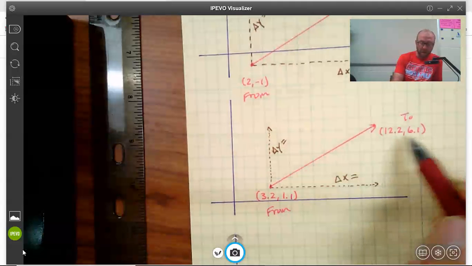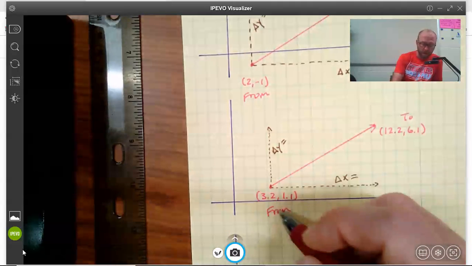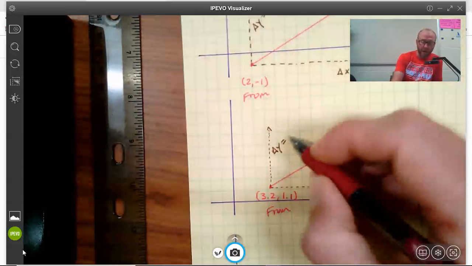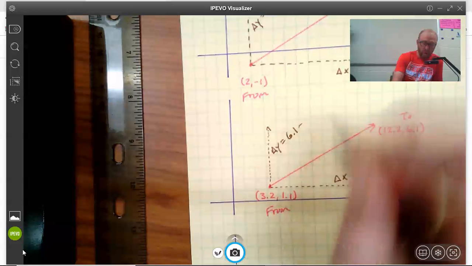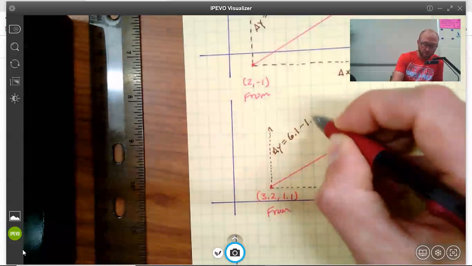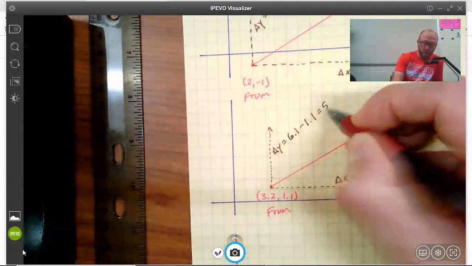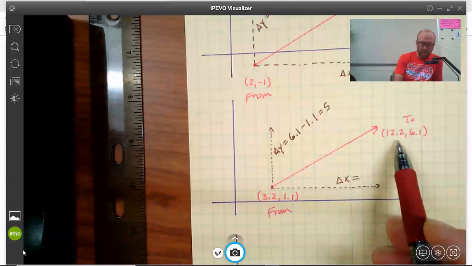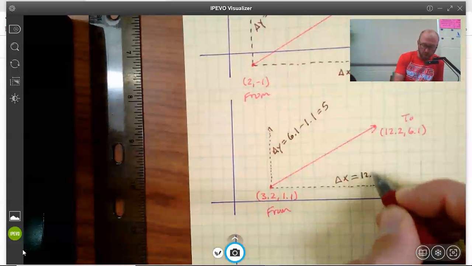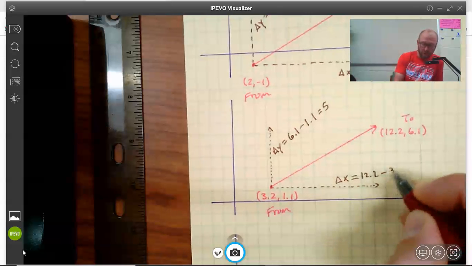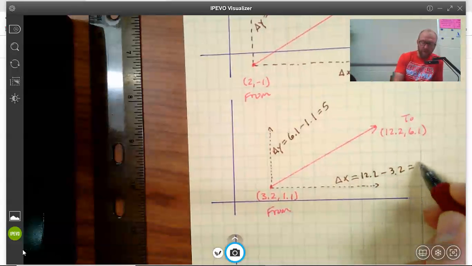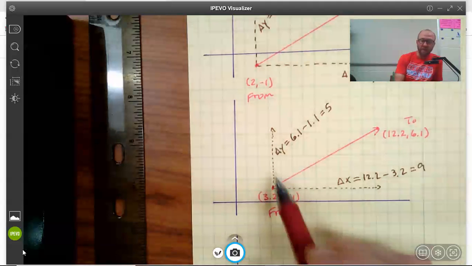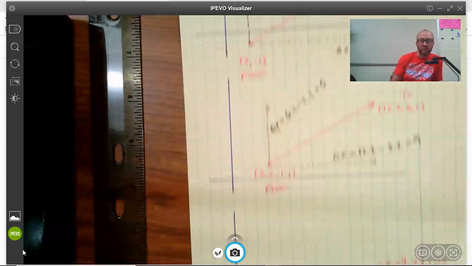So I'm traveling from 1.1 to 6.1, that's our y-coordinate, so end 6.1 minus start 1.1 is 5. And then down here, our change in x, we end at 12.2 minus start 3.2 equals change, which is 9. So the horizontal change and the vertical change are the same as the last one.